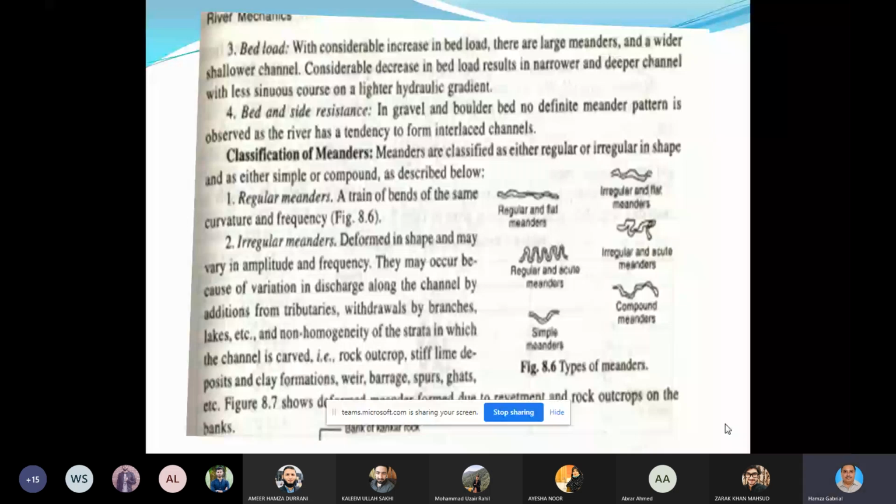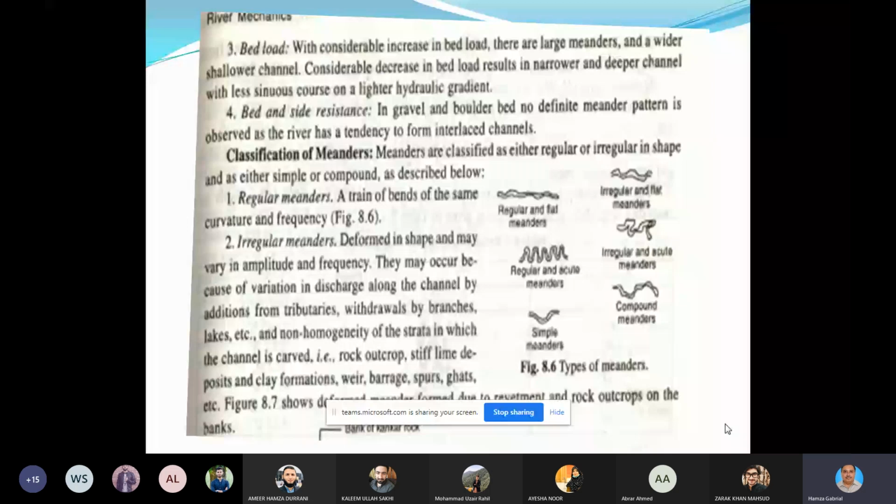This irregularity may be due to variation in the discharge itself, as there can be addition of flow from tributaries, or branching out, with water flowing out of the main channel. That may result in the formation of irregular meanders which don't have the same curvature and frequency.